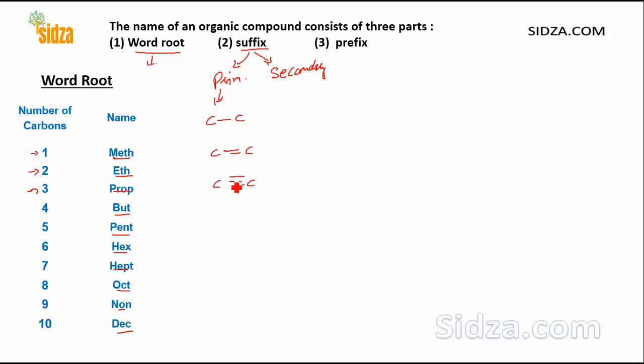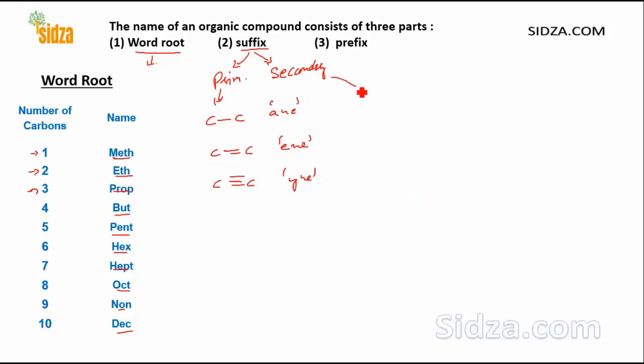If there's a single bond between the carbon atoms, we use the term ane. So the primary suffix will be ane, and if there's a carbon-carbon double bond, we use the term ene, and if there's a triple bond, we use the term yne. So primary suffix refers to the linkage between the carbon atoms.